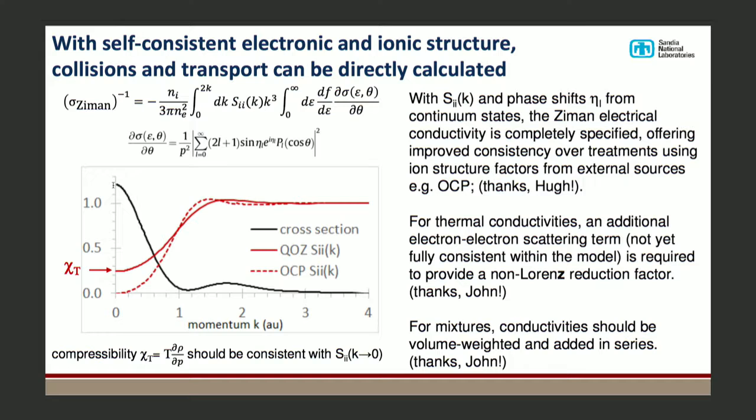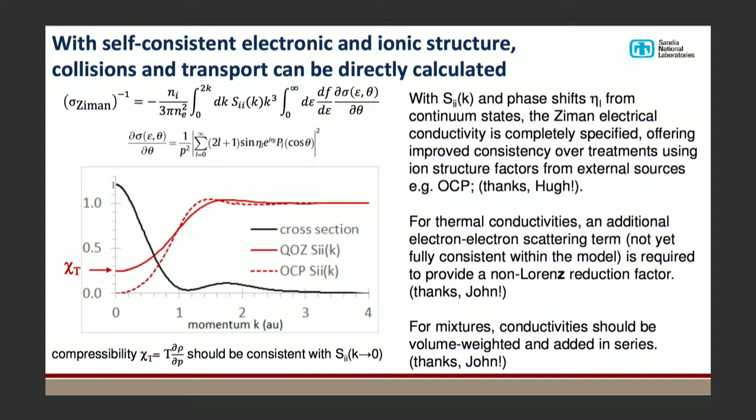But if you solve the quantum Ornstein-Zernike equations with a self-consistent potential, you get something different. And that can matter. It doesn't matter too much because you've got this k cubed term, but it can matter, and it gives you a thermodynamic quantity, the isothermal compressibility, that you can also get from thermodynamic derivatives, and those things better be consistent. So this is one test of consistency in a model.